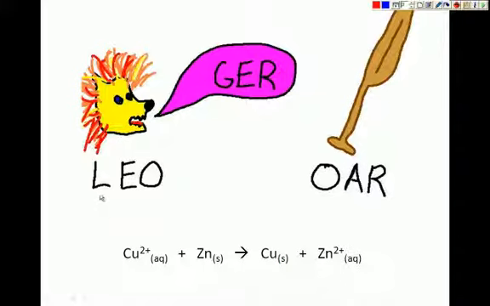It's because losing electrons is oxidation, and gaining electrons is reduction.